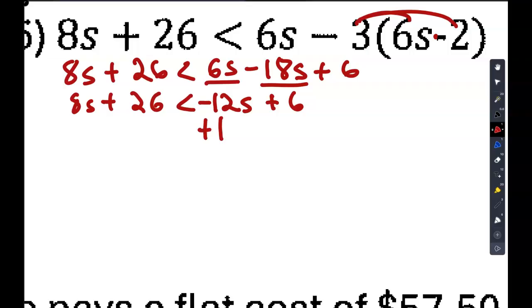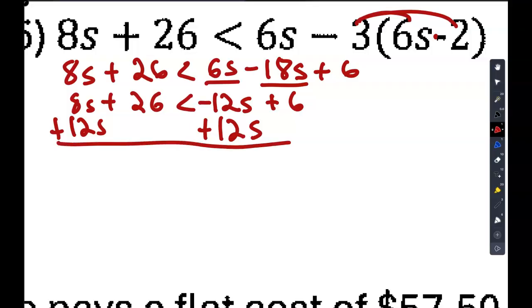Move the letters to the left. 12s, 12s. 8 plus 12 is 20. S plus 26 less than, 12's cancel out. Bring down the 6. All right, now I'm going to move the numbers to the right.